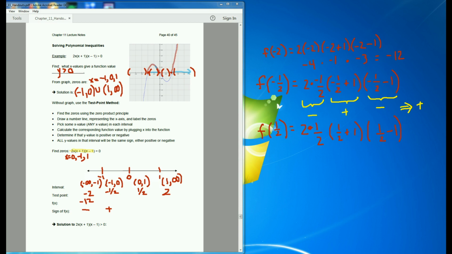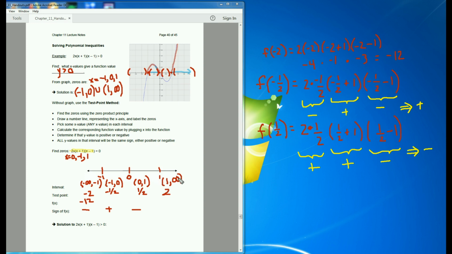Let's go through and look at the signs. 2 times 1/2 is obviously positive. 1/2 plus 1 is obviously positive. 1/2 minus 1 is negative. So positive, positive, negative, that is going to be negative. I don't care about the value, all I need to know is that it's negative. Again, if you look at the graph, we're in this interval, and sure enough, you can see that the y values are negative.